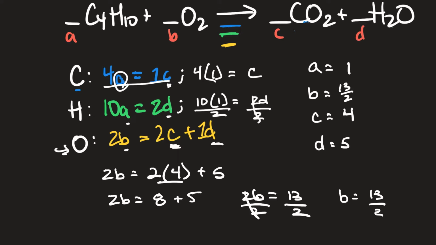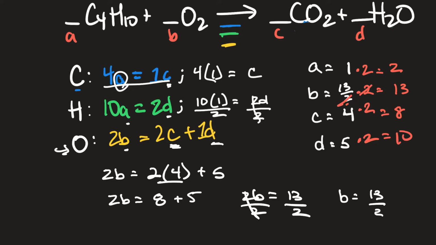The way you typically do that is you multiply by its denominator. The denominator of this is 2, so I'm going to multiply this whole thing by 2. When you do that, 13 halves times 2 is just 13. What you do to one, you do to all, so I have to multiply each of these by 2. So 1 times 2 is 2, 4 times 2 is 8, 5 times 2 is 10.